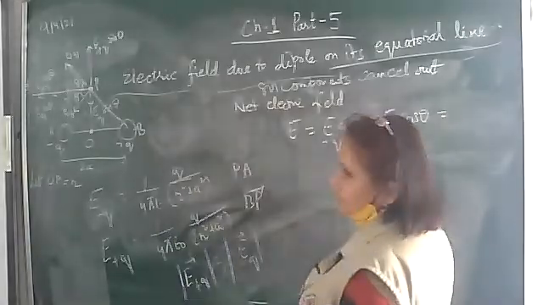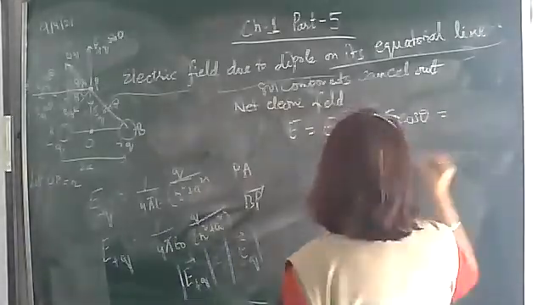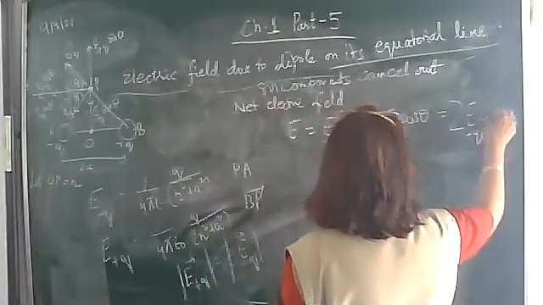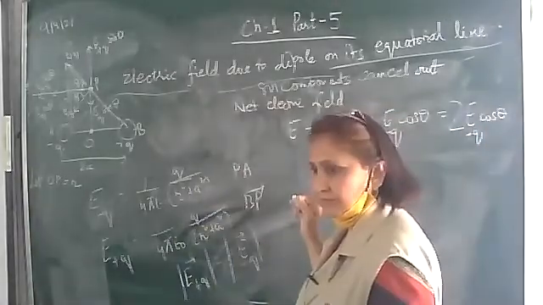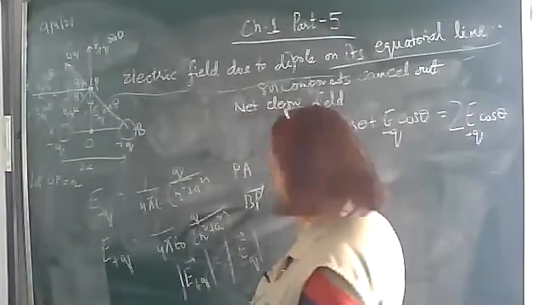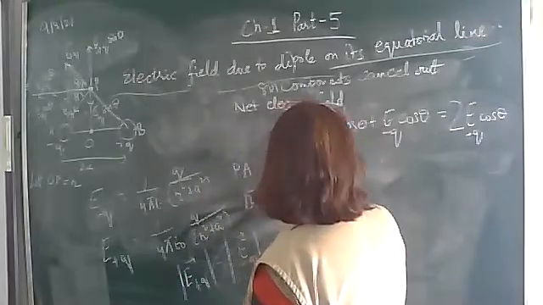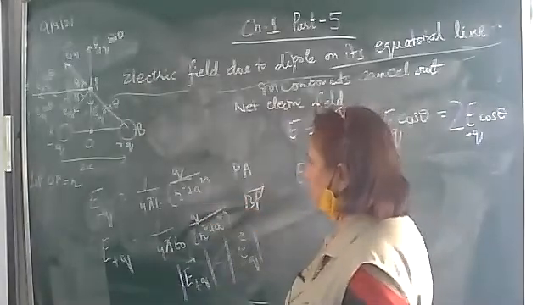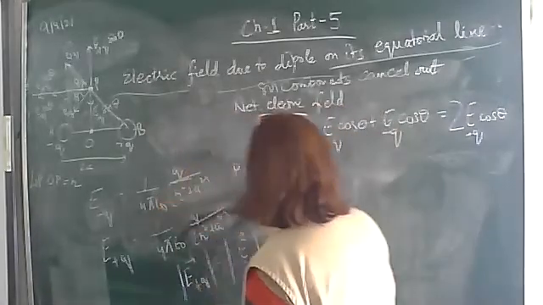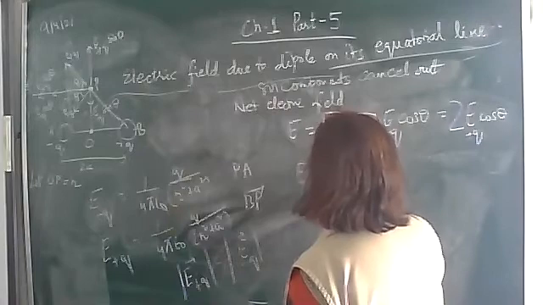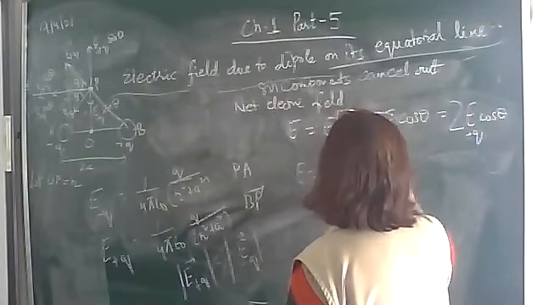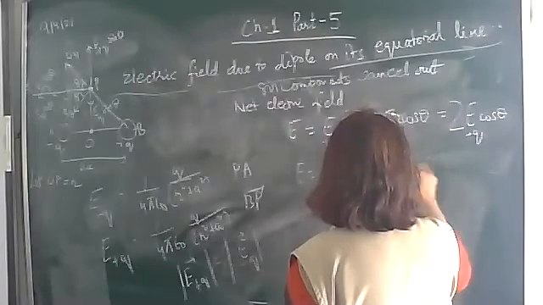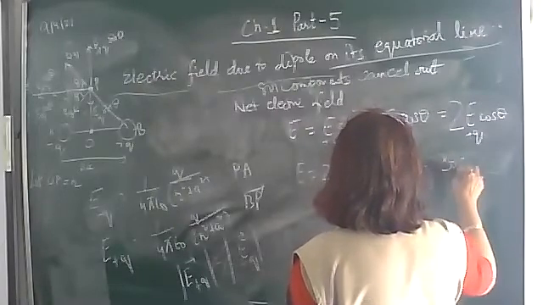And E plus Q is equal to E minus Q. So you can write it as twice of E plus Q cos theta. Can it be written like this? Is it so? So what is the net electric field? Twice. Substitute this E plus Q. How much is it? 1 upon 4 pi epsilon naught, Q upon R square plus A square, into cos theta.